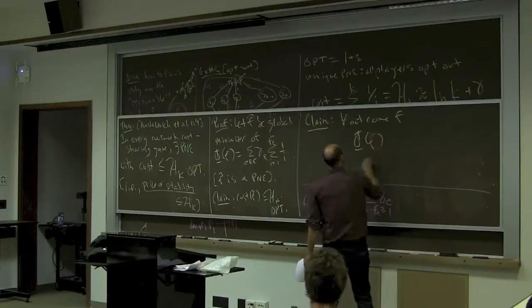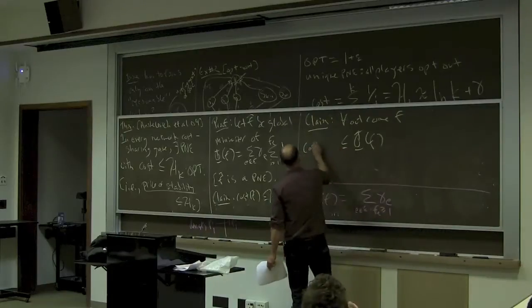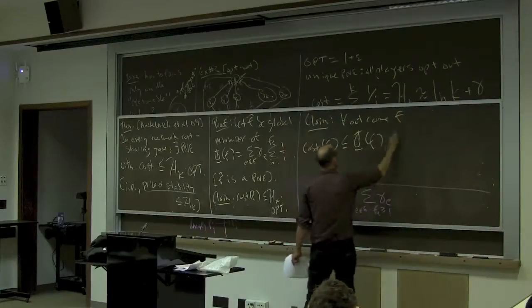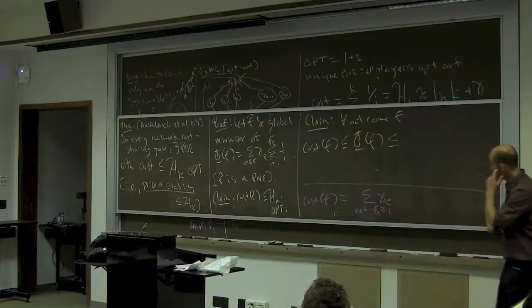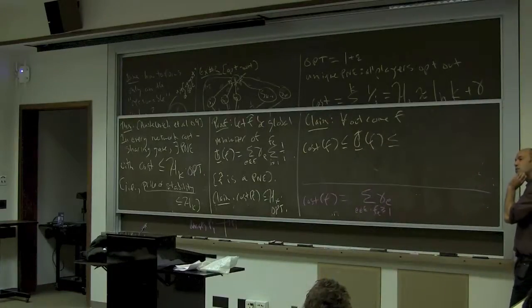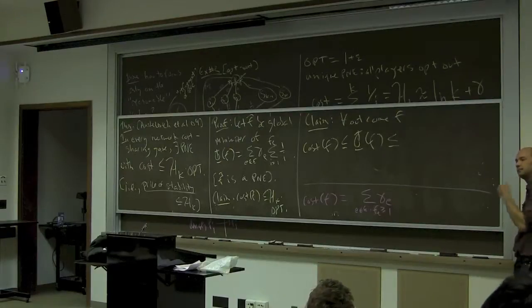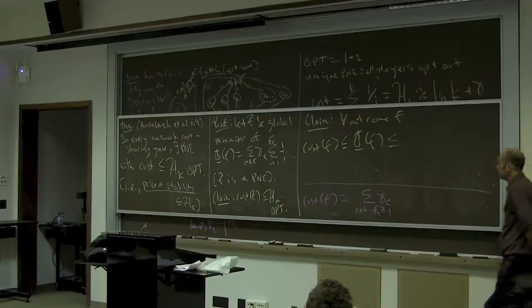What we just observed was this. Phi can be bigger than the cost. What's the largest factor it could ever imaginably be bigger than the cost by? H sub k.